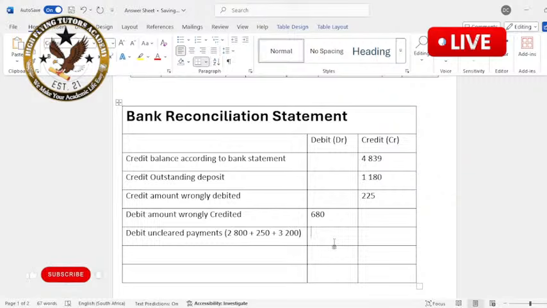Just indicate on the chat how much is the amount.